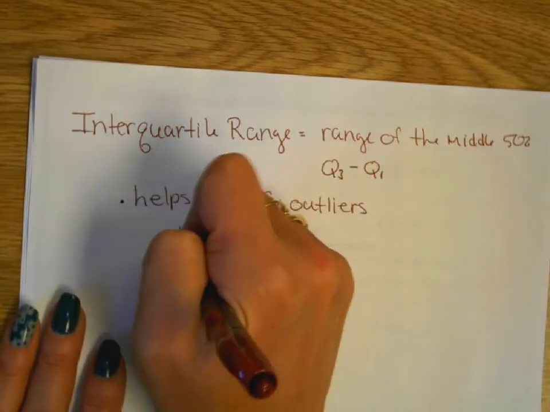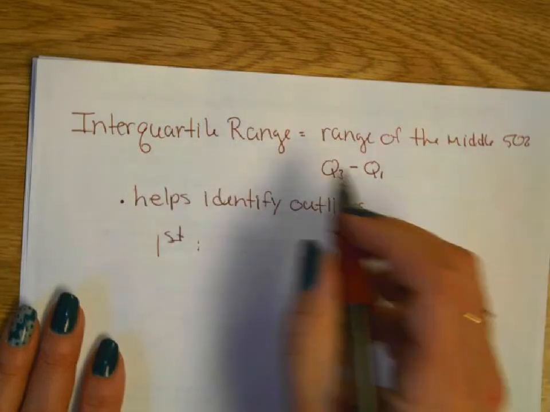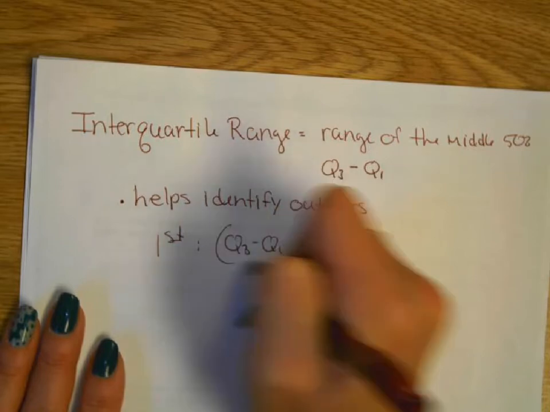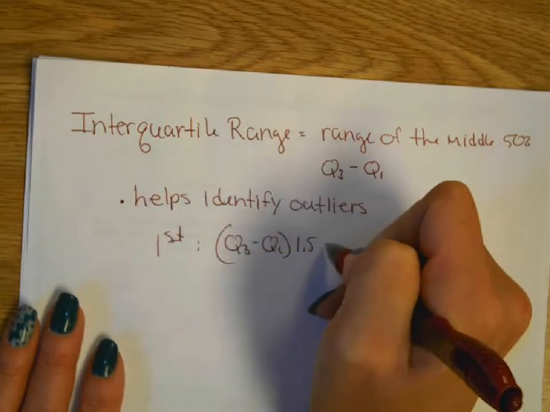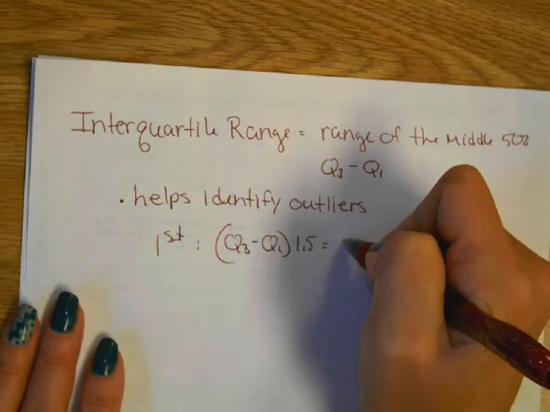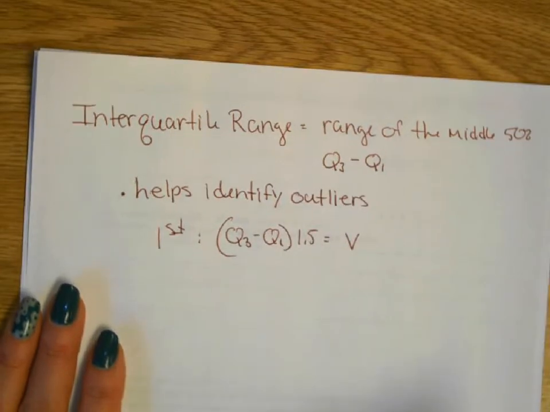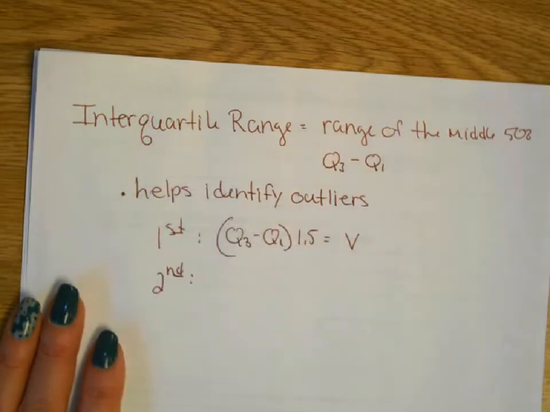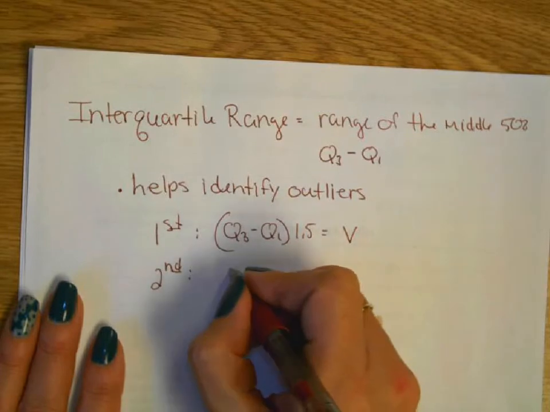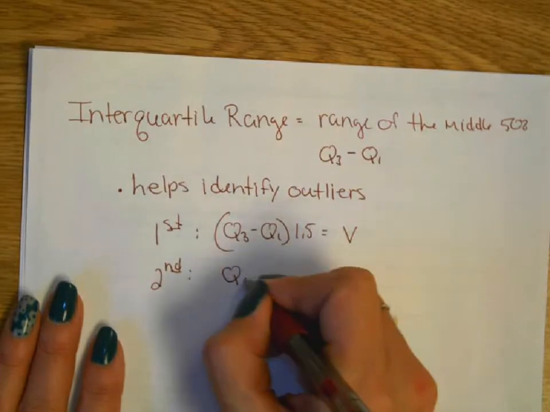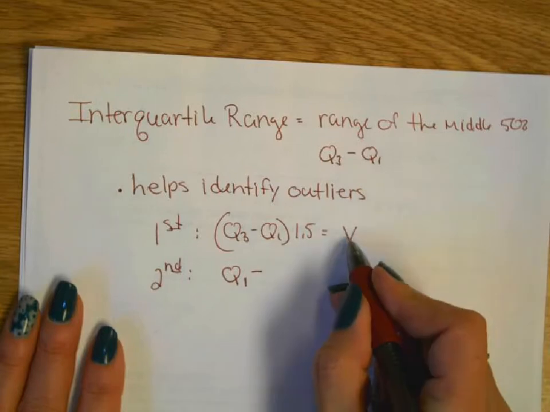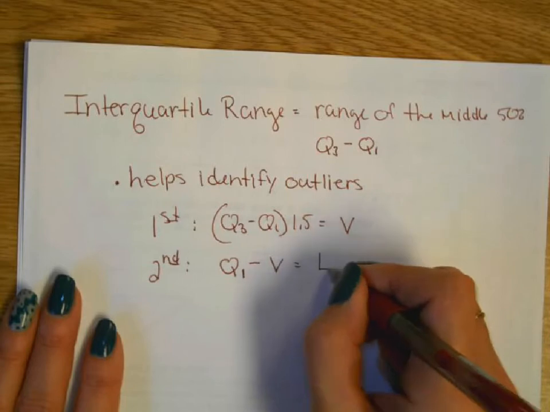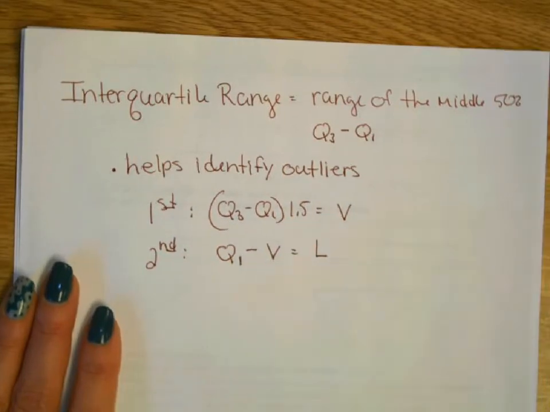You first take that interquartile range, Q3 minus Q1, multiply that by 1.5. I'm going to call that result V for some value. Now what you're going to do is go take your Q1 value, Q1, and subtract this answer, this value here. We'll call that our L for our lowest end.